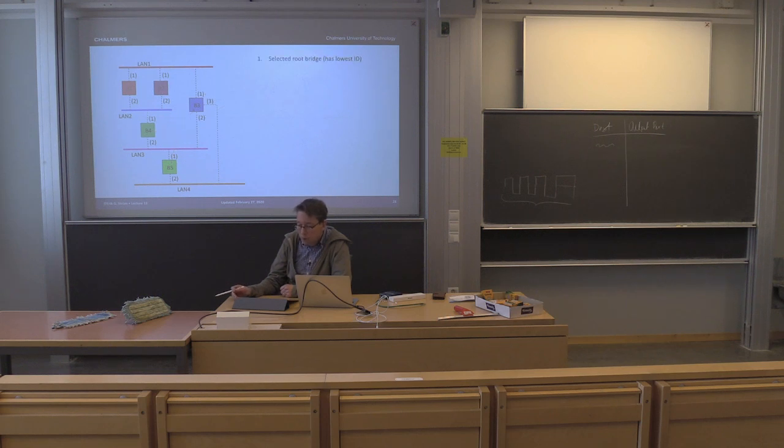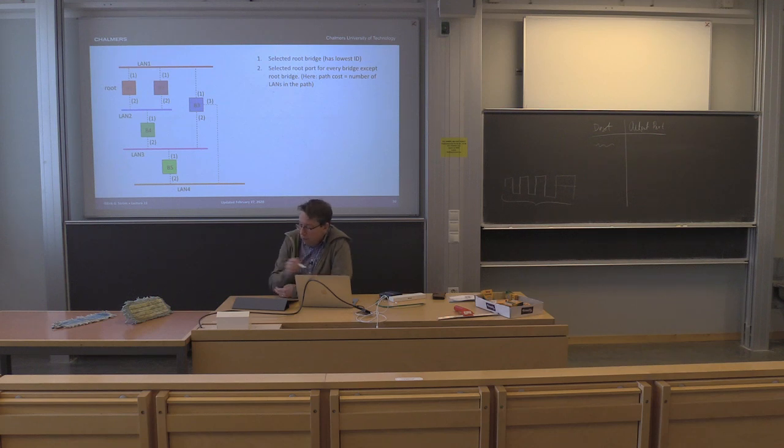Now, which one here would be the root bridge? B1, right. So here we have the root, and that's because it has the smallest ID. Fine. Then, number 2 is to find the root port for each bridge, except for the root bridge, which doesn't need a root port.